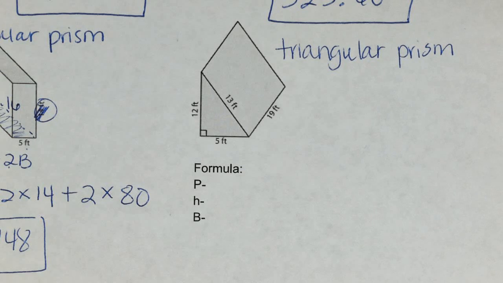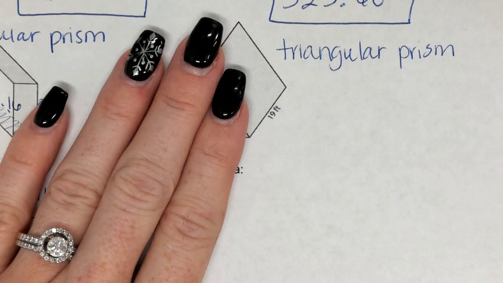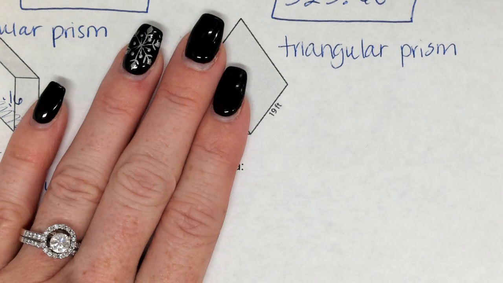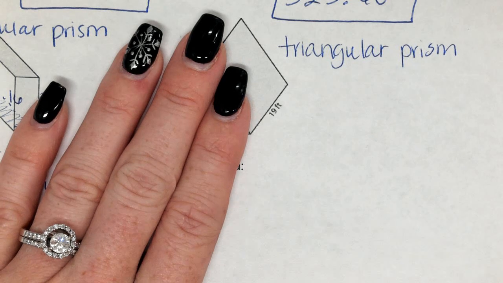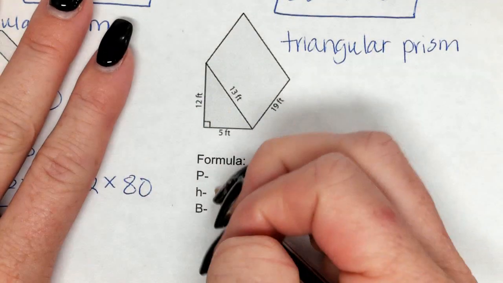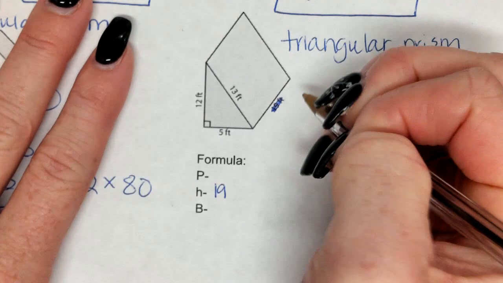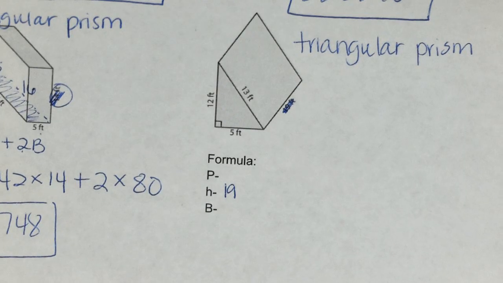And what did I tell you to do? You have to cover something up. Cover up the triangle. Everybody take your fingers and cover up the triangle. The number that's left is your height. So what is left? And you mark it out because you will never use it again.